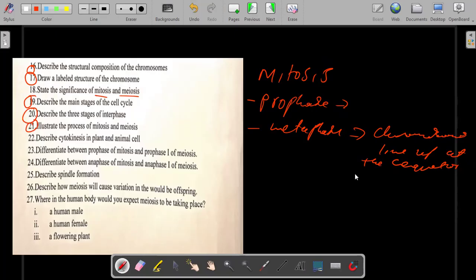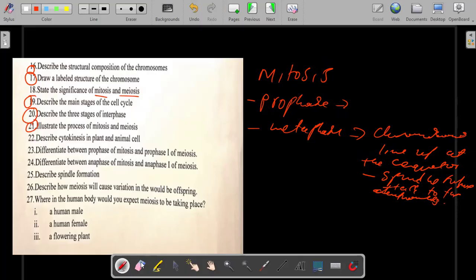Then you're going to find the spindle fibers attach to the centromere. Okay, that's what we are going to have.